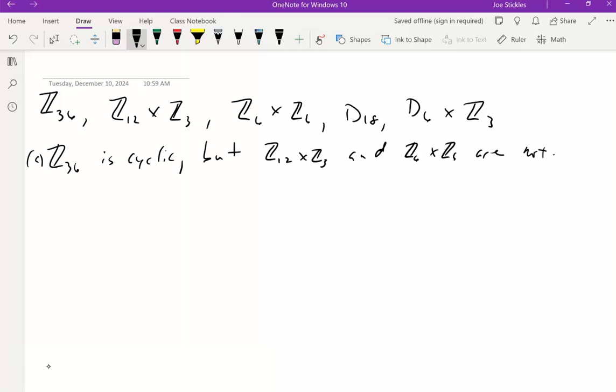What's different about the Z mod N or the direct product of Z mod M and N versus the dihedral groups? What property does one have that the other doesn't? And don't think hard about it. I mean, it should be a basic property.